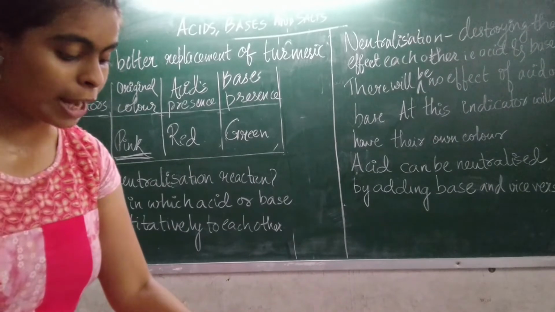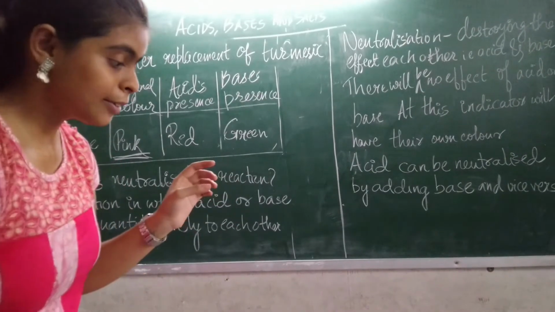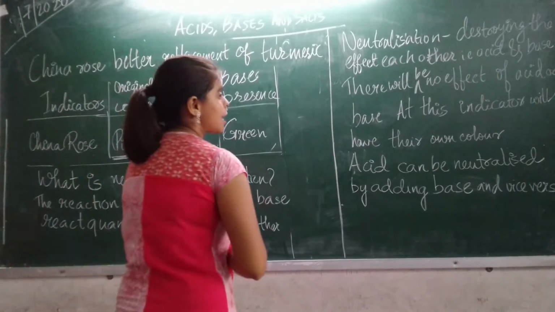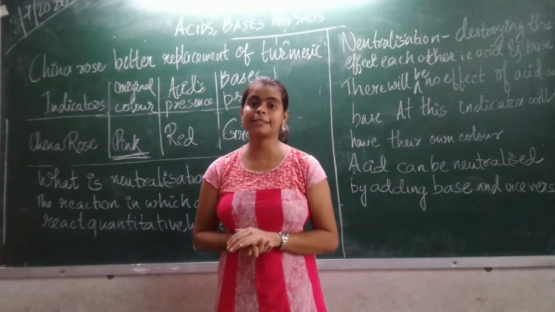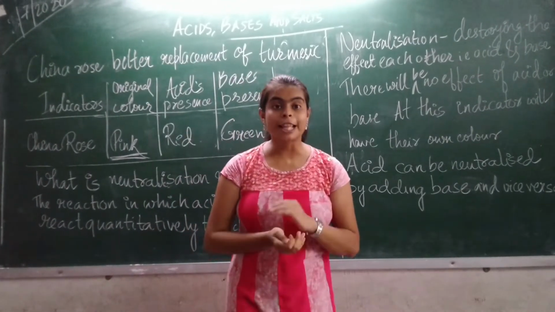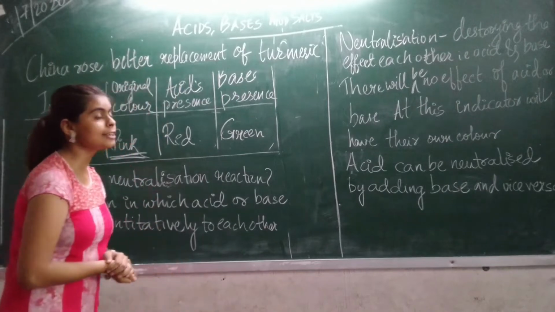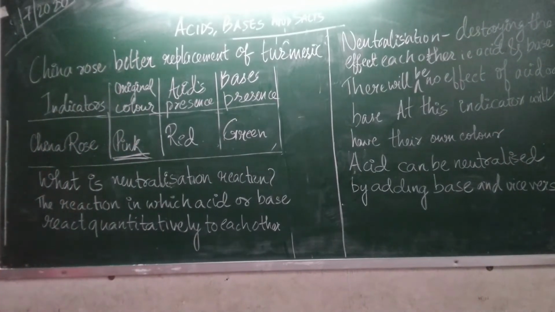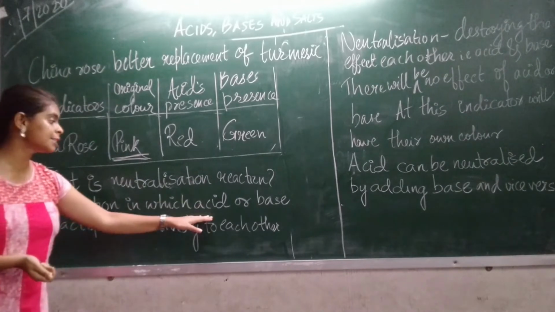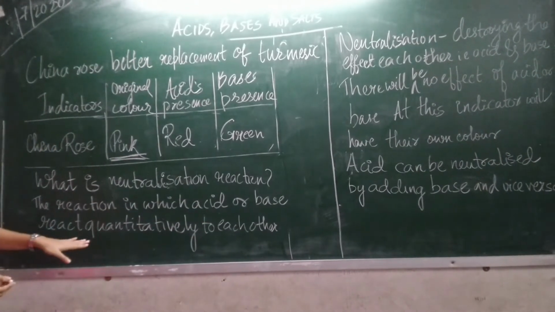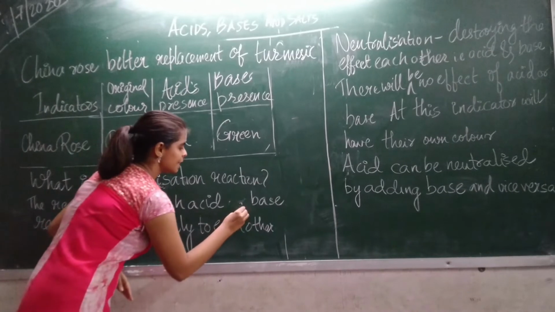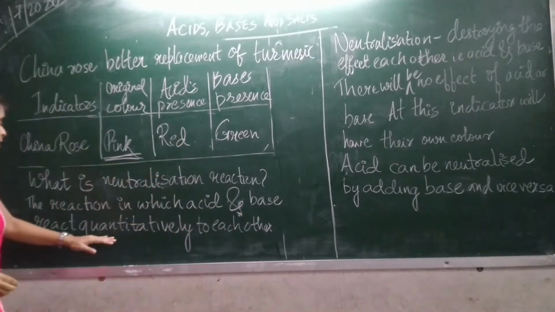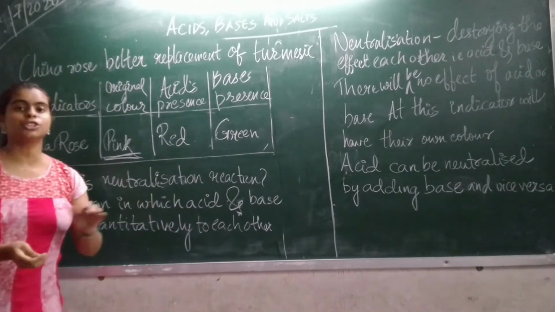Now comes the main point. Whenever you add acid to a base or base to acid, this is a kind of reaction, and this kind of reaction we call a neutralization reaction. So what is a neutralization reaction? The reaction in which acid and base react quantitatively to each other.